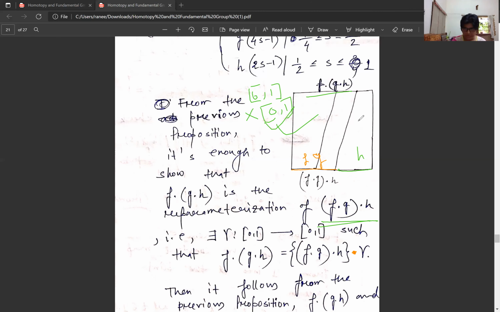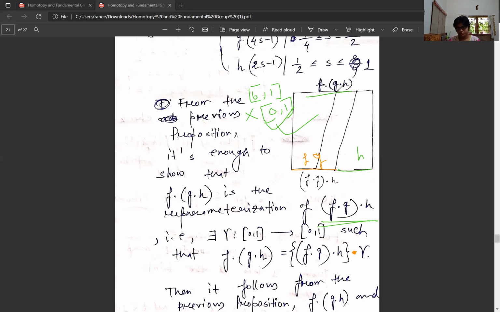So it means that in the beginning, where my F starts, at the end my F starts there. That's why I'm joining them by a straight line. This was the straight line homotopy, since I am in a convex set [0, 1] cross [0, 1]. Just think of it in that way.